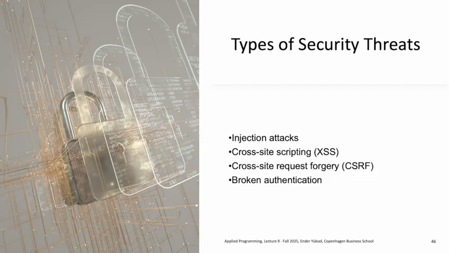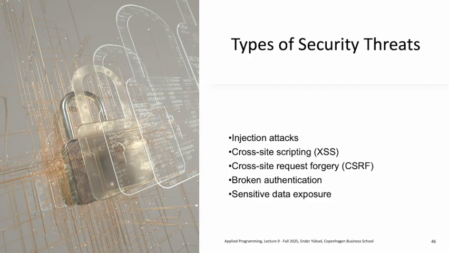Broken authentication means your login system is flawed. Maybe passwords are stored in plain text, or sessions don't expire. This can allow attackers to impersonate users. Sensitive data exposure is when personal or financial data is not properly protected.